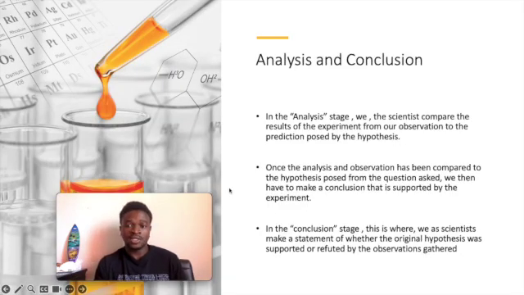So in the analysis stage, the scientists compare the results of the experiment from observation to the prediction posed by the hypothesis. Once the analysis and observation have been compared to the hypothesis posed from the question asked, we then have to make a conclusion that is supported by the experiment. In the conclusion stage, this is where we as scientists make a statement of whether the original hypothesis was supported or refuted by the observation gathered.